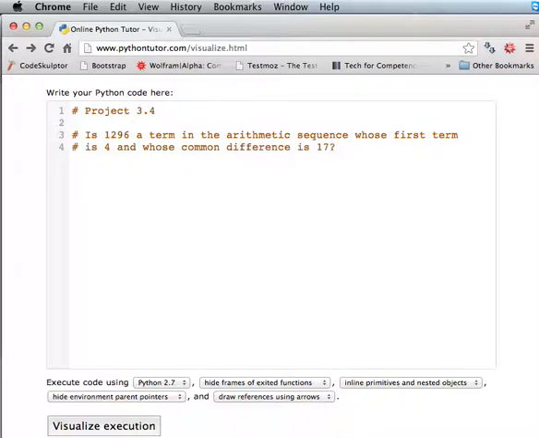Okay, so let's think about how we solve this problem.